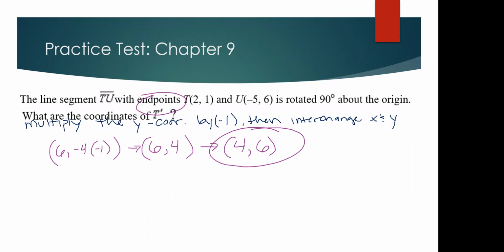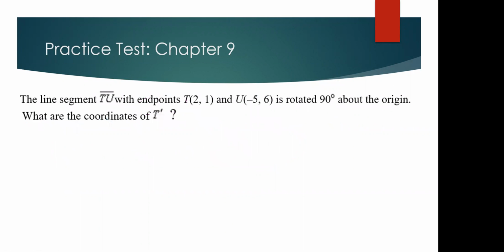And then the next problem says the line segment TU with endpoints, T is at (+2, +1), and U is at (-5, +6), is rotated 90 degrees about the origin. What are the coordinates of T? Okay, so we just want this value here. So again, this is another 90-degree rotation.